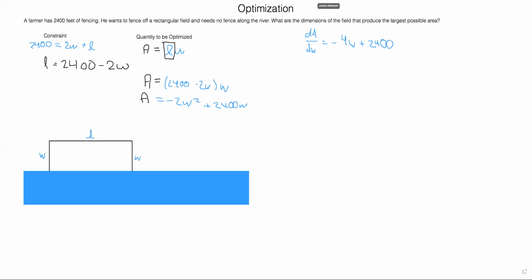We set the derivative equal to 0. All right, we have our single critical value.